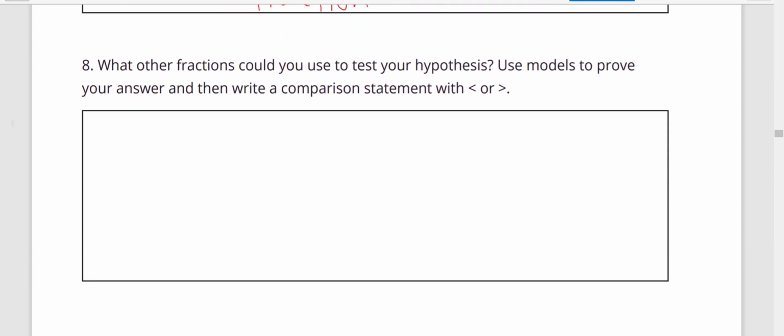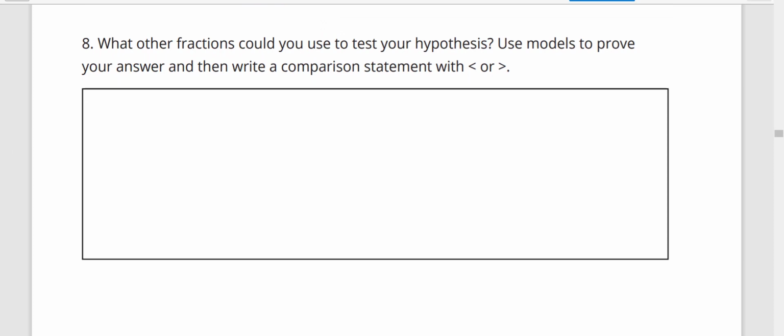Number 8. What other fractions could you use to test your hypothesis? Use models to prove your answer and then write a comparison statement with less than or more than. Choose any two fractions. First fraction 2 over 4 and 2 over 6.